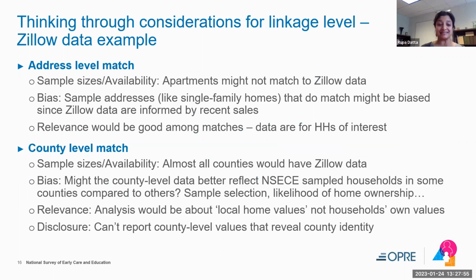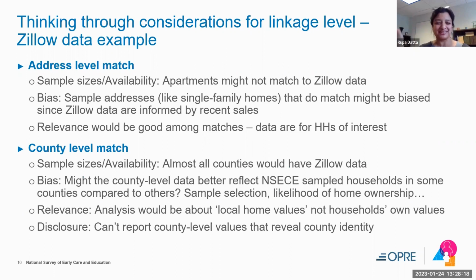Okay, so let's do an example here. We're talking about housing cost. One potential data source wouldn't really be housing cost, but might be housing value. And many of you may be familiar with Zillow data.